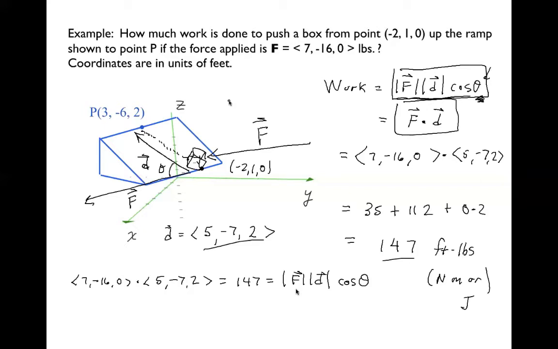And so we can find the magnitude of F. What is the magnitude of F? Square root of 49 plus 256. 305. Yep. I'll just write it this way. Times the magnitude of D.